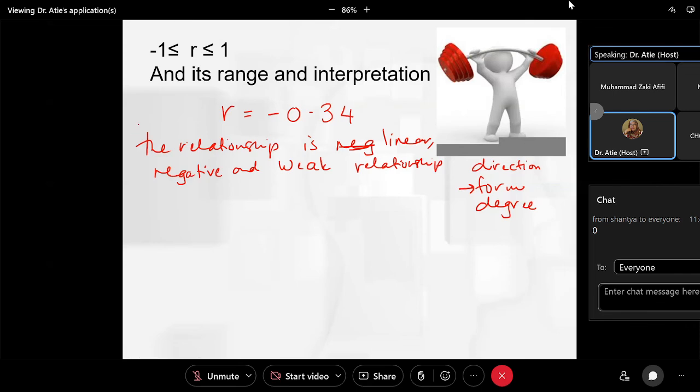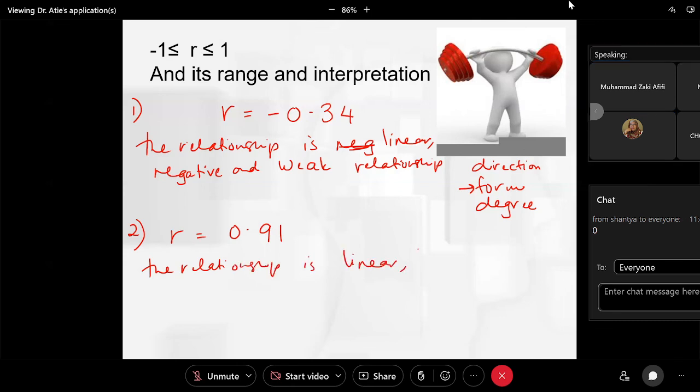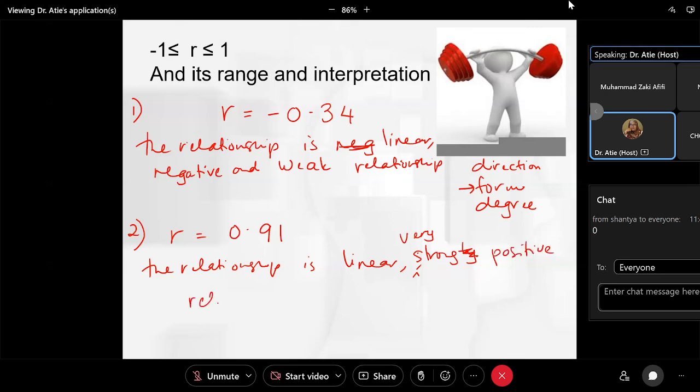When it comes to the correlation R, let's say R is equal to 0.91. So I can say the relationship is linear, positive, or I can say strongly, or very strong, positive relationship.